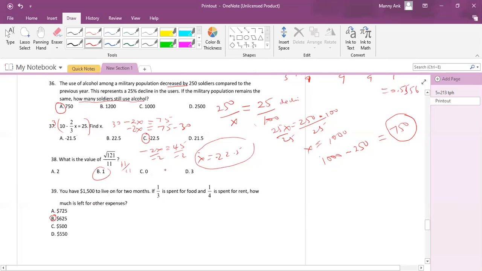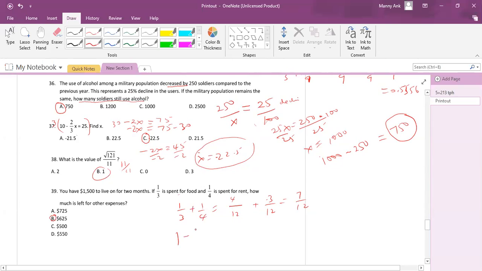Or you can add up the fractions, how much is spent on food and rent. So it's 1/3 plus 1/4, the fraction spent on food and rent. LCD is 12 plus LCD here, 12 again. That would be 4 plus 3. So a total of 7 out of 12. So that's your fraction spent on food and rent. So how much was spent on other expenses? You have to subtract.